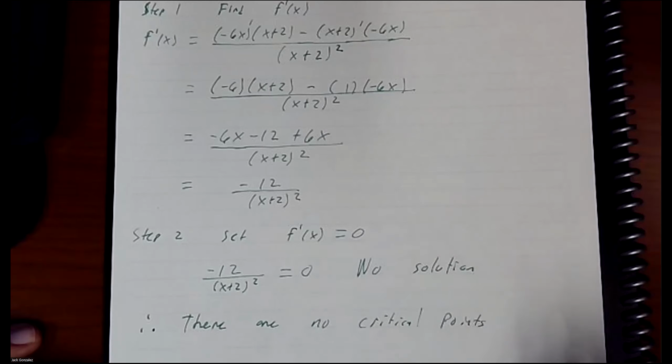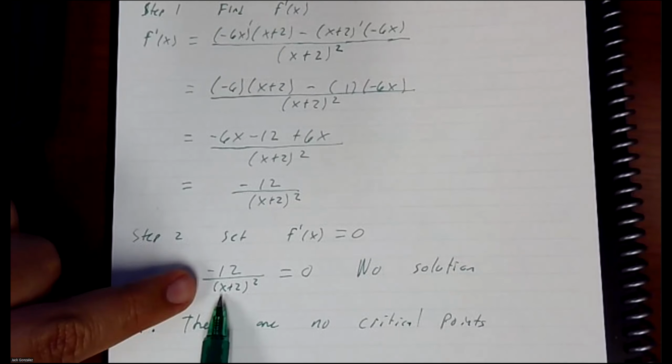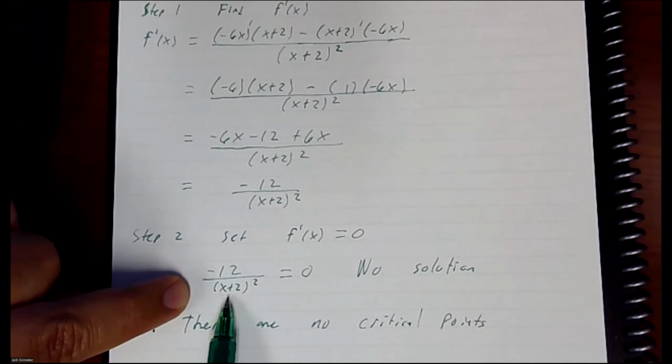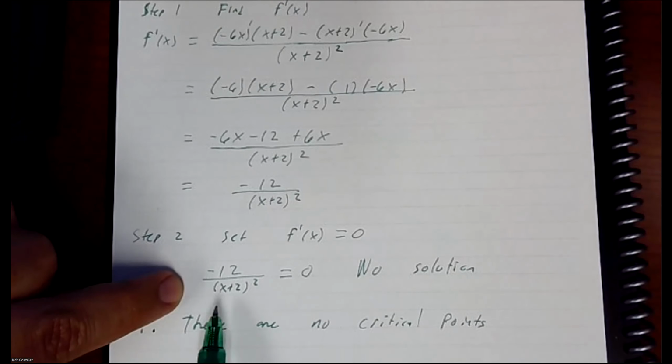There is another scenario where you could have a critical point. If the undefined value does not exist in the original, but it exists in the derivative, then it is considered to be a critical point.